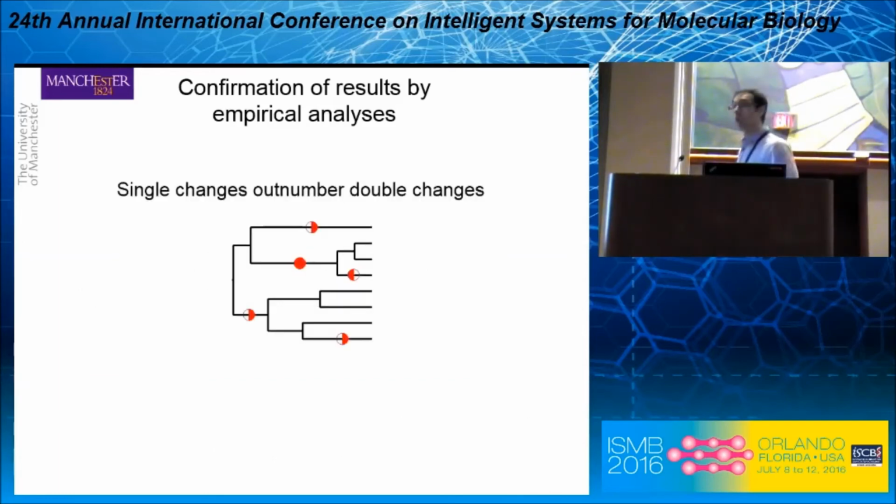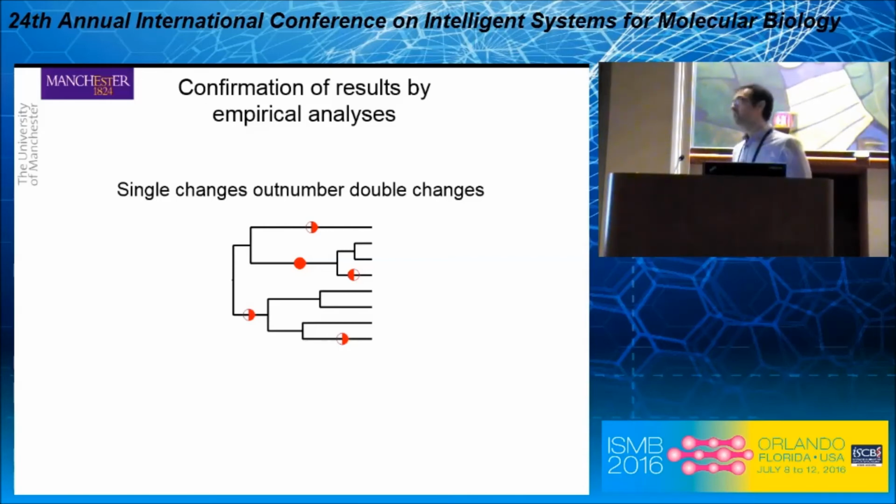We found that in all cases, most of the covariation signal was generated by independent processes, so these single changes that occur in different branches of the tree. And probably this signal gets amplified by the tree structure.